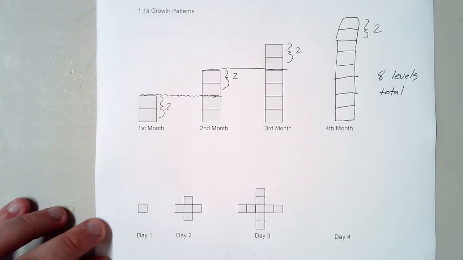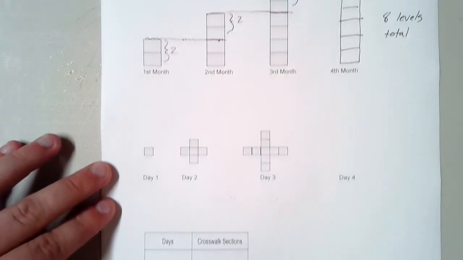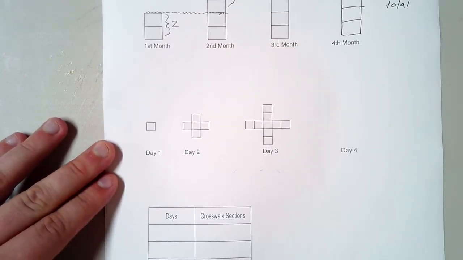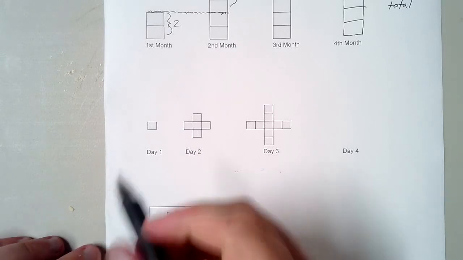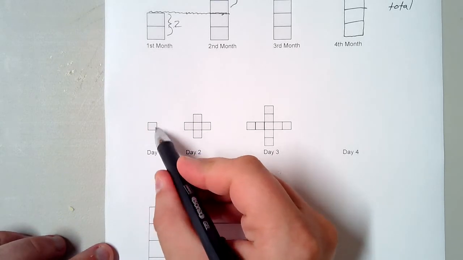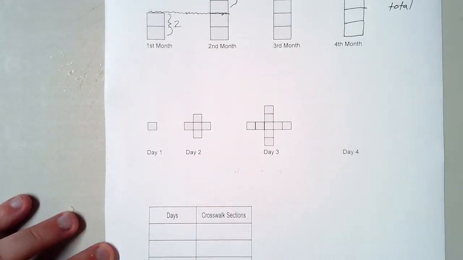All right, in the second pattern, I'm also going to give you a little context for this situation. A town is wanting to build out a new intersection. And so they start off with a plot of land here, and they fill it with concrete and asphalt.